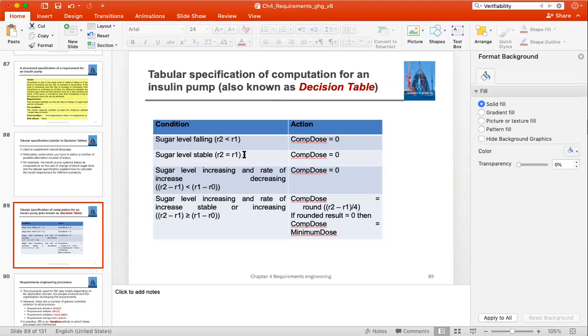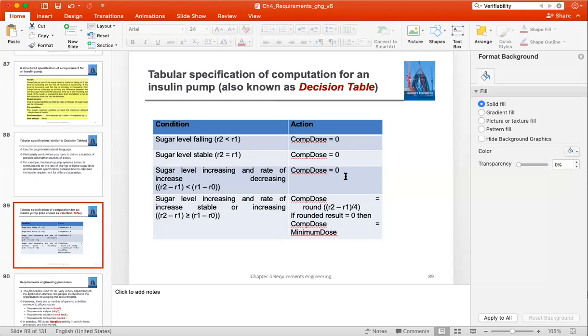Yeah, if it's stable, if the second reading is the same as the earlier reading, then again you don't do anything. If the sugar level is increasing but the rate of increase is decreasing, so actually it has gone up, but the difference between the first and the second reading is less than the difference between the first reading and the reading before that, then again you give 0 dose.